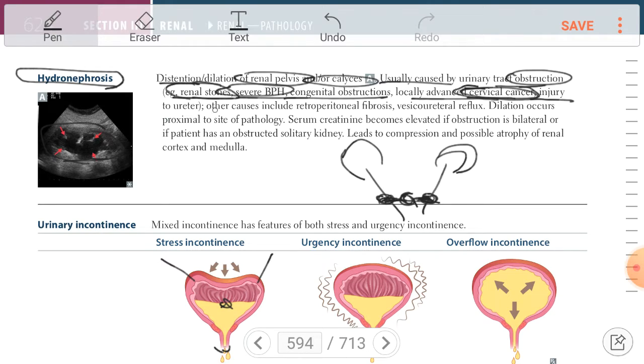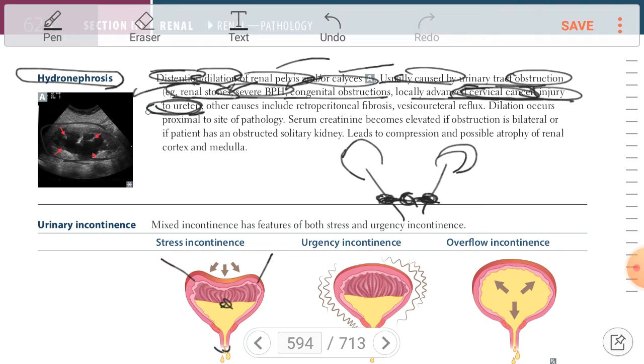Then injury to ureter. If there is injury to the ureter, leading to what? Distension and dilatation of the renal pelvis and calyces. So it's caused by what? By urinary tract obstruction, by stone, severe benign prostatic hyperplasia, congenital obstructions, locally advanced cervical cancer, which is so important. Injury to the ureter, leading to what?